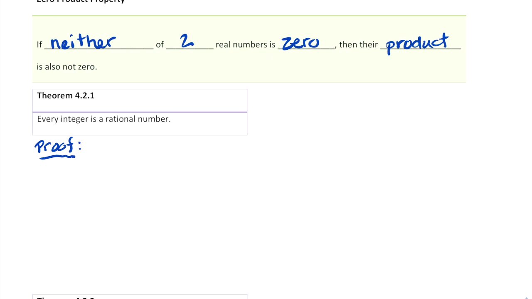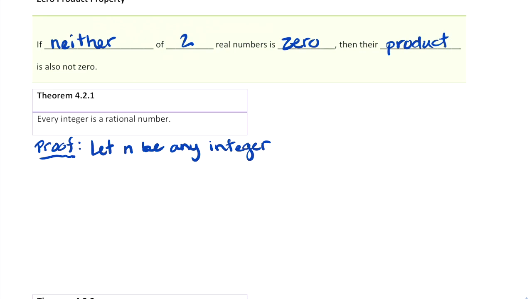So here, if we let n be any integer. That was me being about to assume what I was going to prove, right? Classic error.